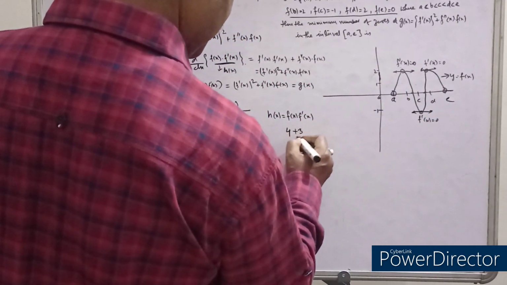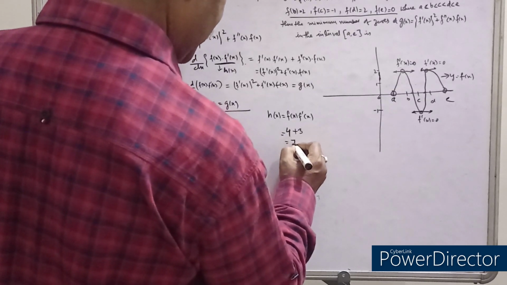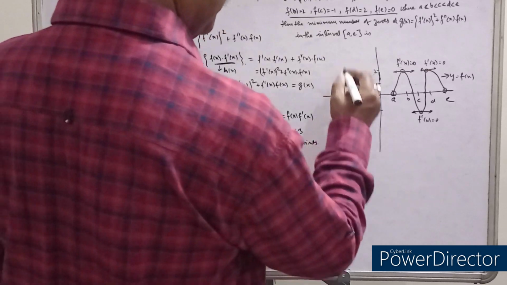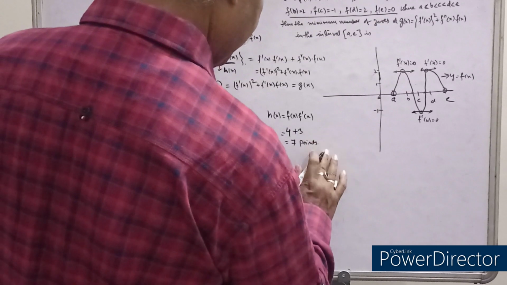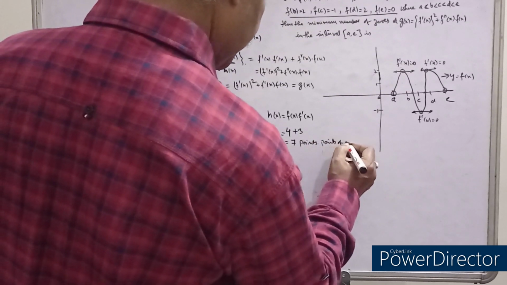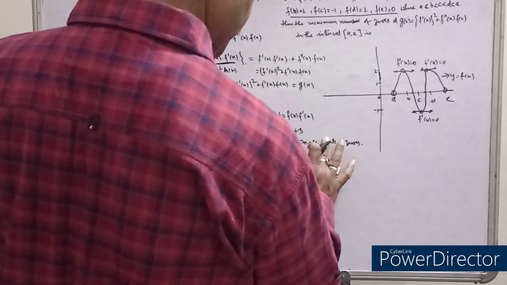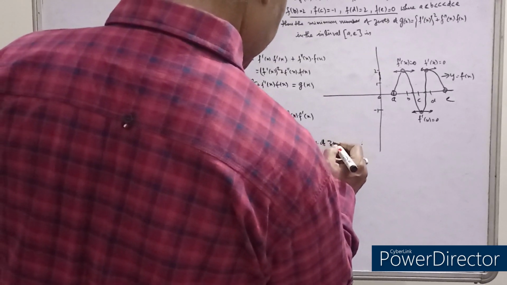So 4 plus 3, that's 7 points where these are zeros.